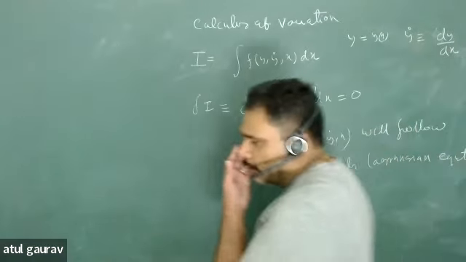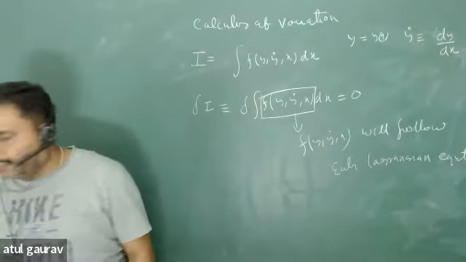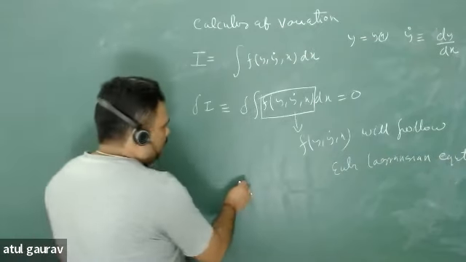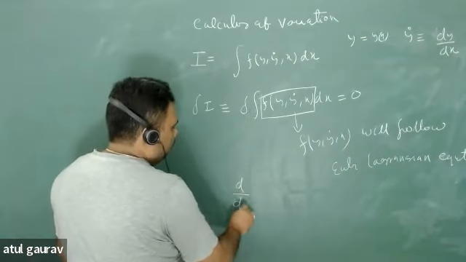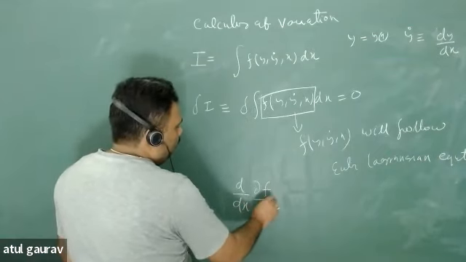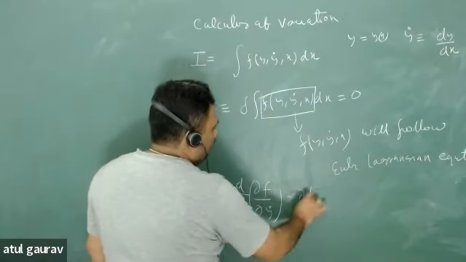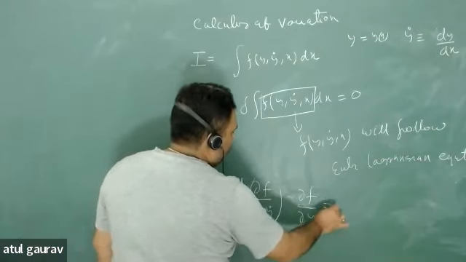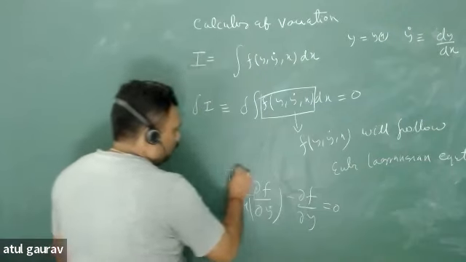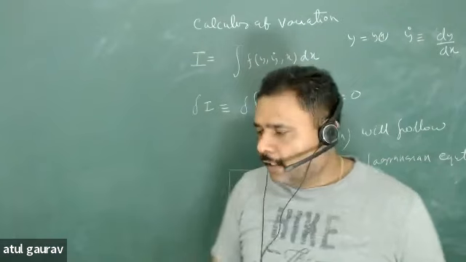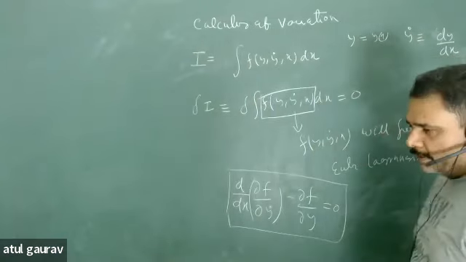This f will follow what? The Euler-Lagrange equation. And what is this Euler-Lagrange equation? The Euler-Lagrange equation is d upon dx of del f upon del y dot, minus del f upon del y, must be equal to 0. This is all about the Euler-Lagrange equation.